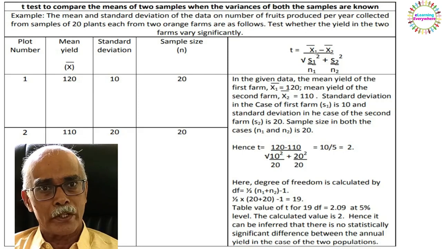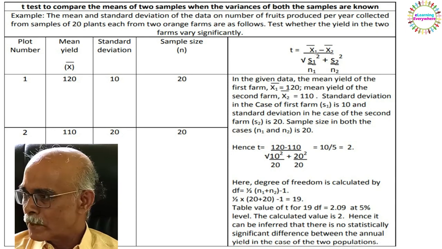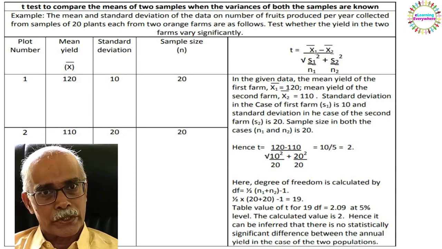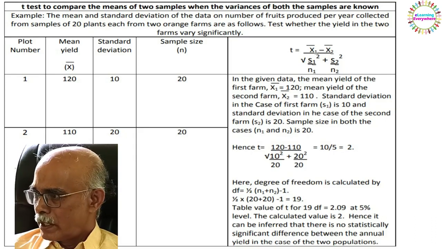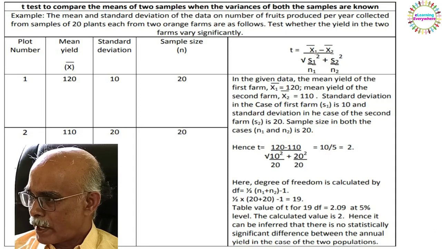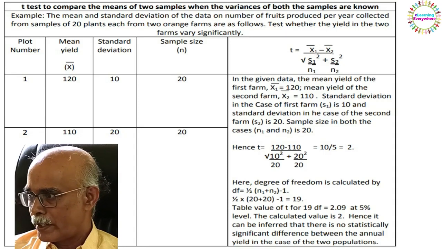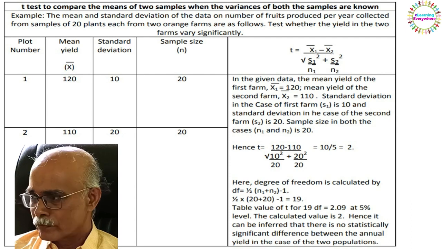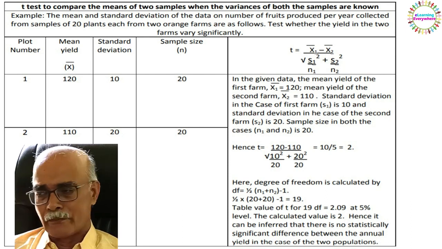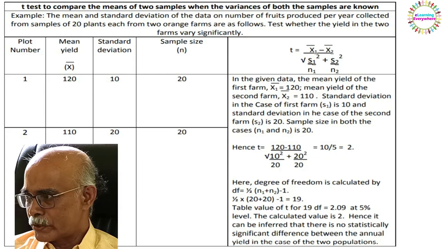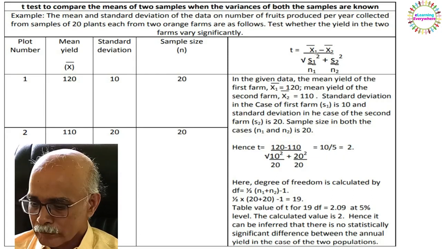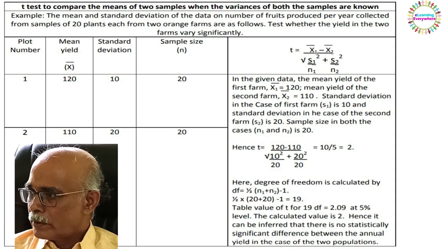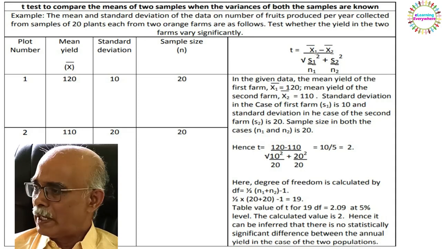So here you are using a different formula. The test statistic is t, and t is calculated using the formula x1 bar minus x2 bar divided by the square root of s1 squared by n1 plus s2 squared by n2. So what are these values?